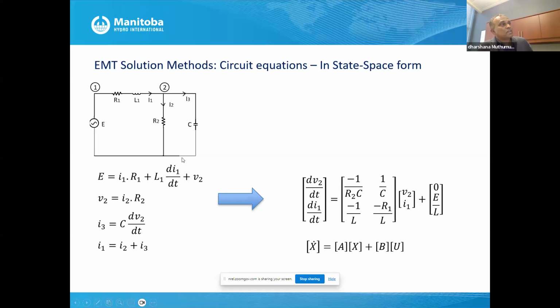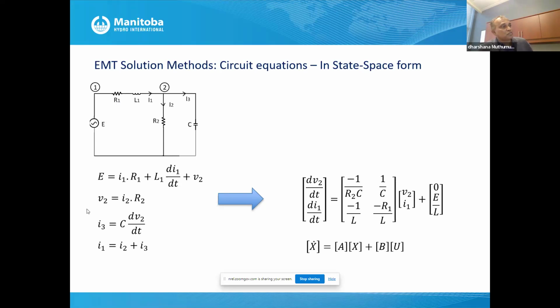Okay, so in EMT, in electromagnetic transient simulations like in PSCAD, we solve the differential equations of a network. So for simple networks, you would write the Kirchhoff's equations relating the voltages and currents. So you can see these are differential equations, and then we solve them, right? We don't approximate anything.